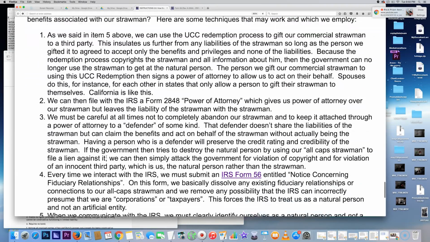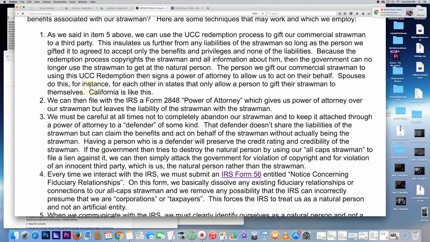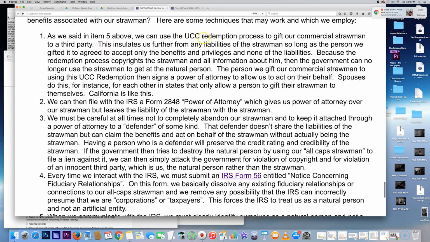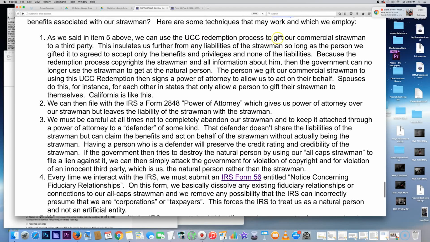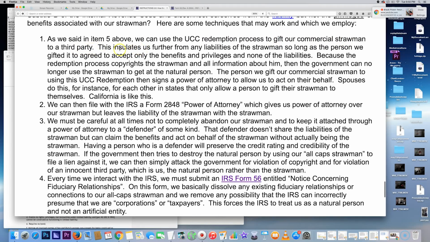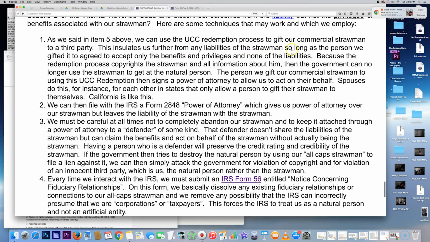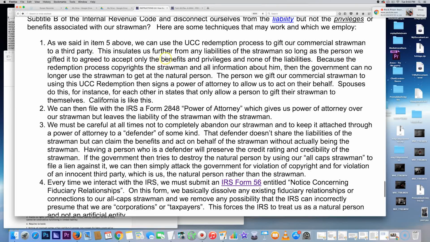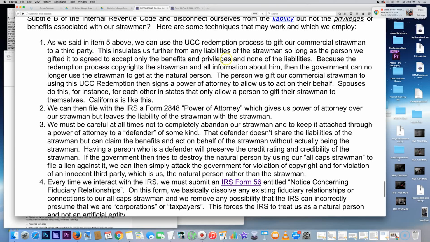We're going to skip down. As we said in item 5 above, we can use the UCC redemption process to gift our commercial straw man to a third party. This insulates us further from any liabilities of the straw man so long as the person we gifted to agreed to accept only the benefits and privileges and none of the liabilities.